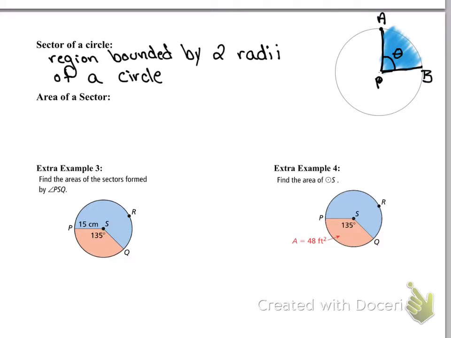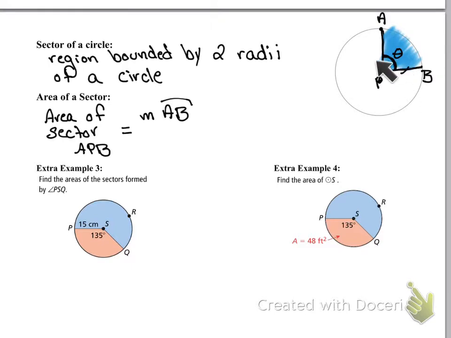So the area of sector APB would be equal to what part of the whole circle this is. Basically, I would need to know the measure of arc AB, or this angle right in there, compared to the whole circle, which is 360. So the part of the circle times the area of the whole entire circle, pi r squared.